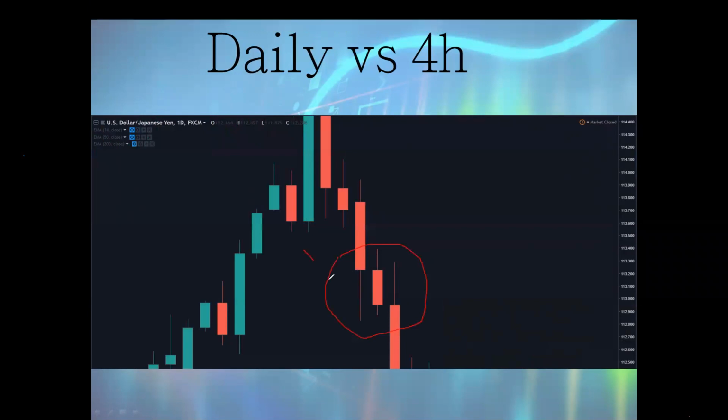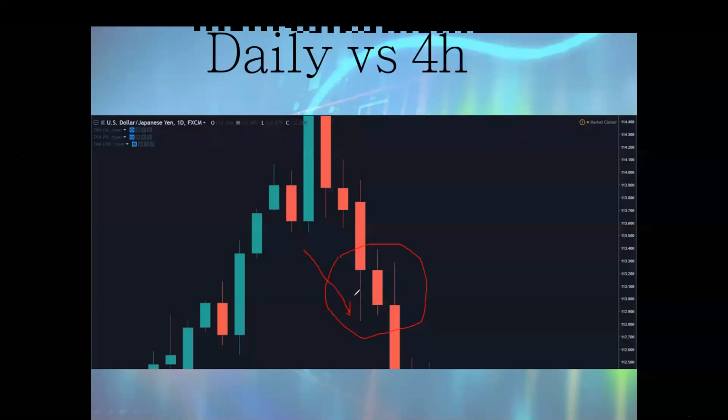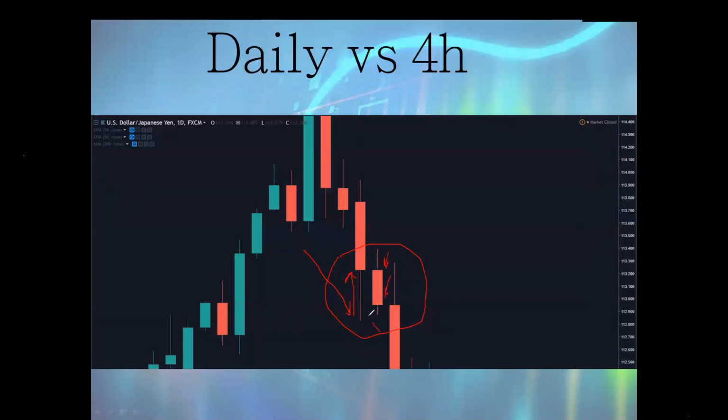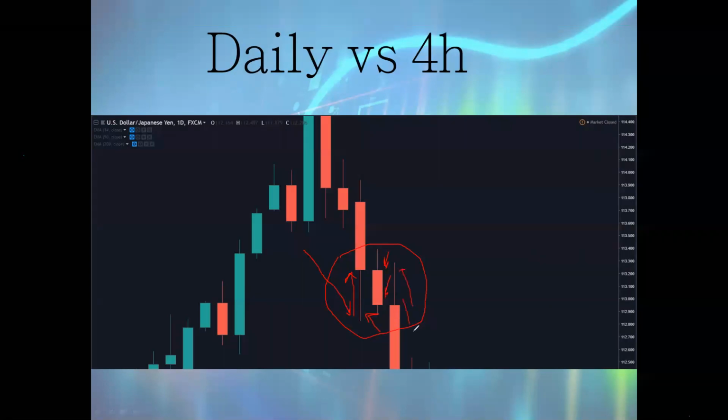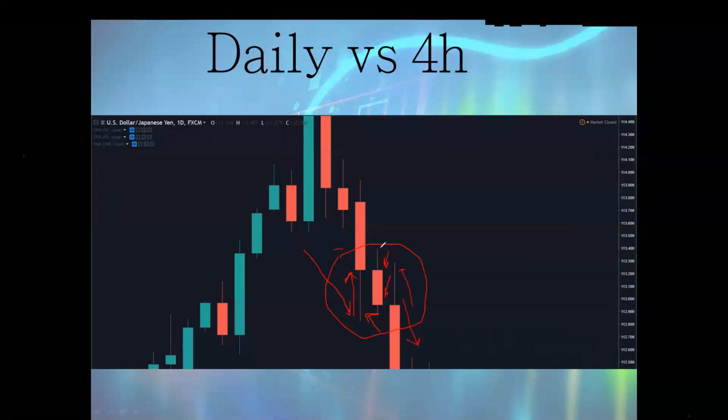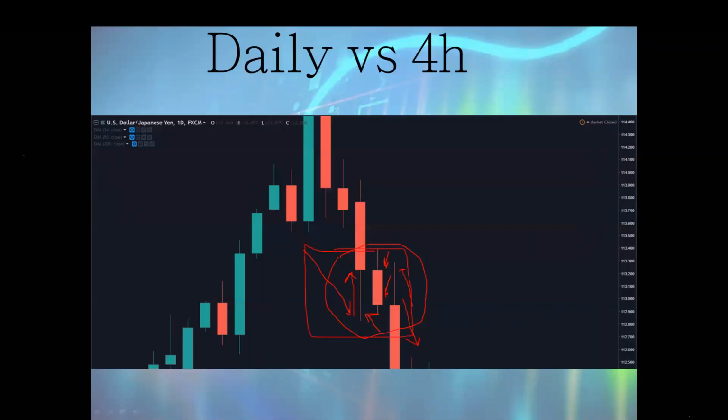The daily candle came down and it pulled up, and the next daily candle went down to fill this wick. And the one after this pulled up before heading down. So this is the information we're going to look at on the 4-hour, and we're going to try to make sense of it and study the market structure.